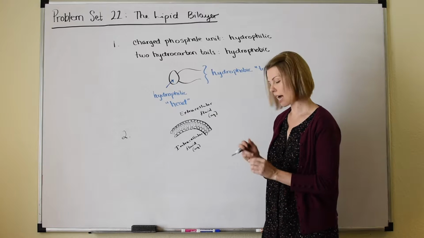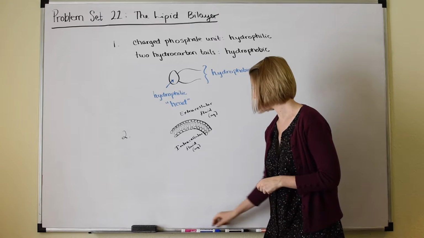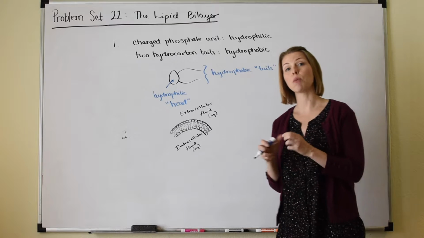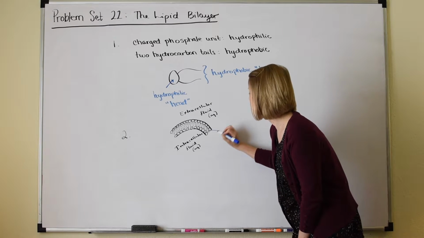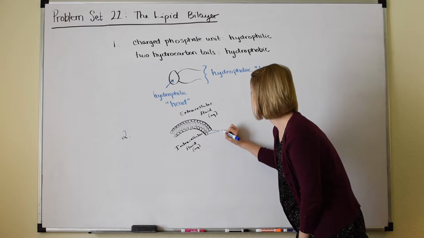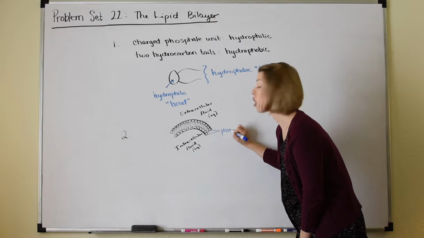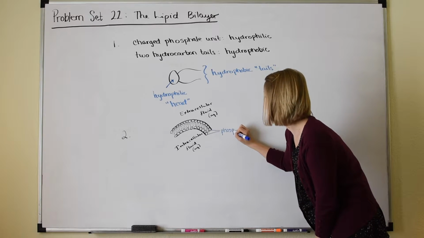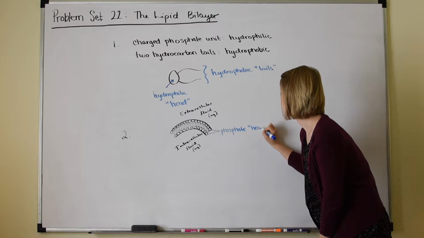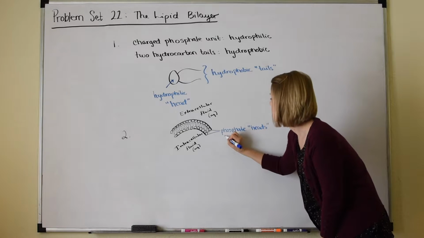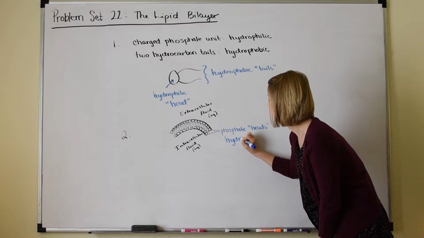All right, so then the last thing we have to do, and let's do it in the blue pen, is label the hydrophobic and hydrophilic regions. So we know that these phosphate heads are hydrophilic.